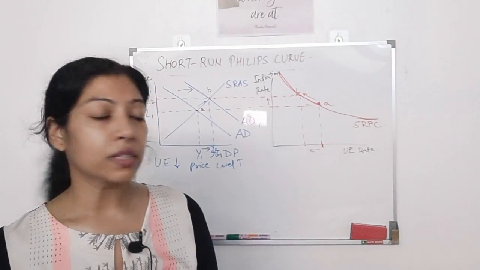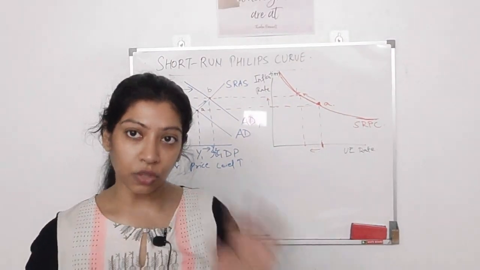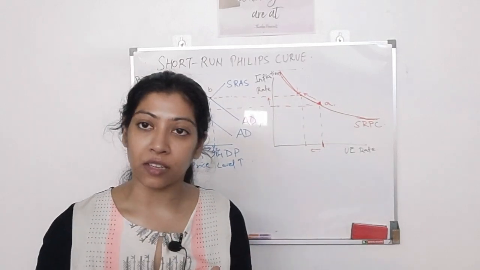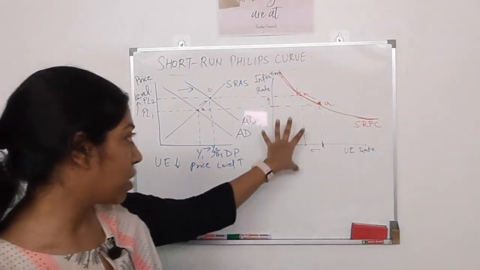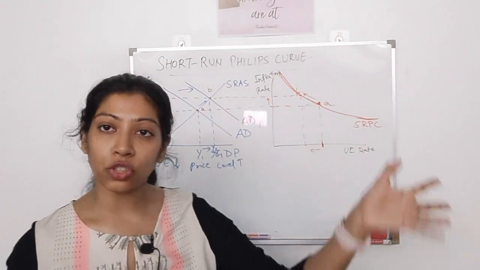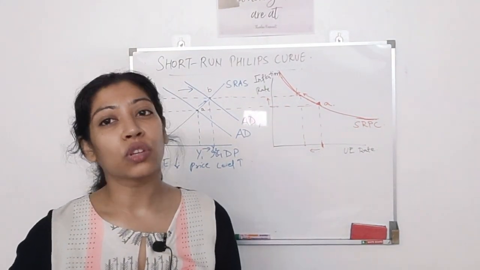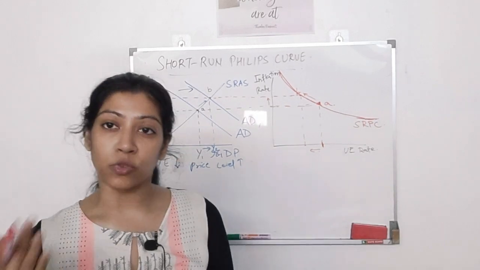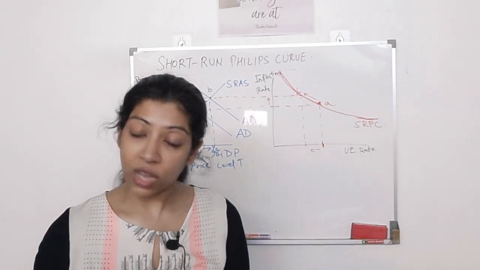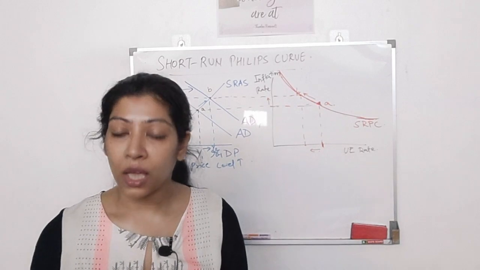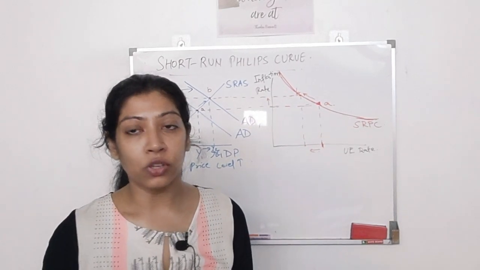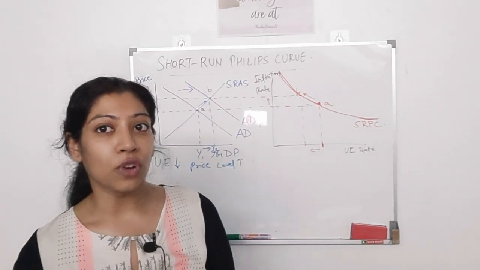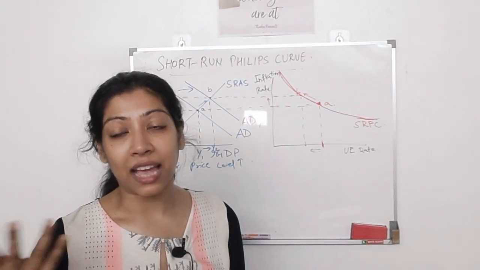So this was basically what the short-run Phillips curve theory said: that there is a trade-off between unemployment and inflation. So governments can actually choose which macroeconomic objective they want to stress at that particular point in time. We know that demand-side policies like fiscal policy and monetary policy can be used to solve these problems of unemployment and inflation.